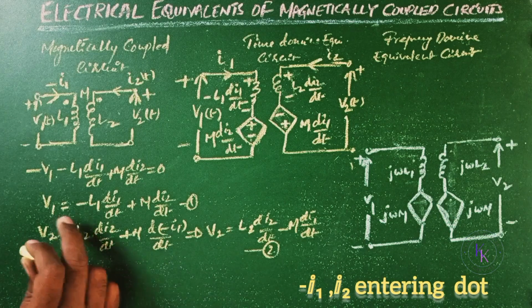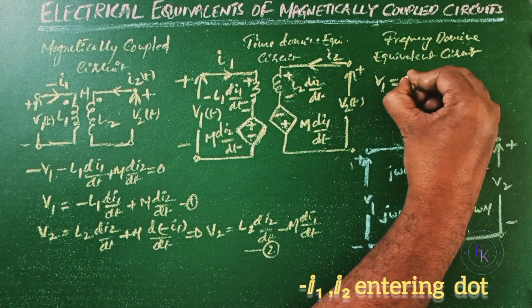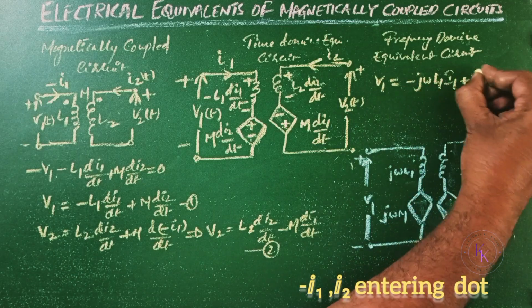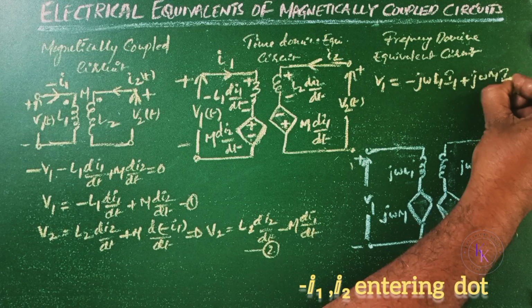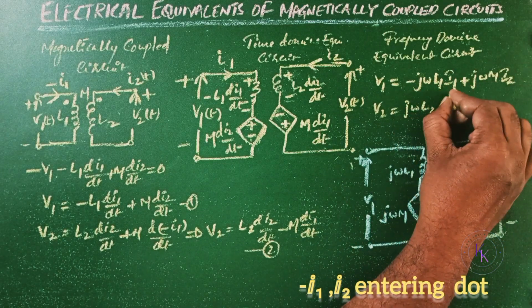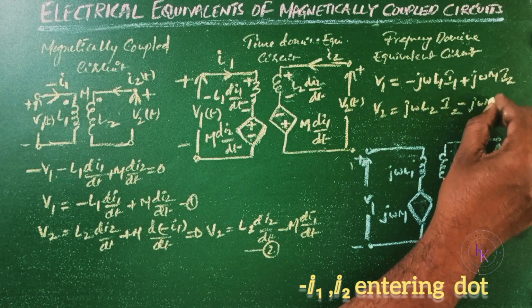Now, let us write equations 1 and 2 in the frequency domain. Then V1 equals minus j omega L1 I1 plus j omega M I2. From equation number 2, V2 equals j omega L2 I2 minus j omega M I1.